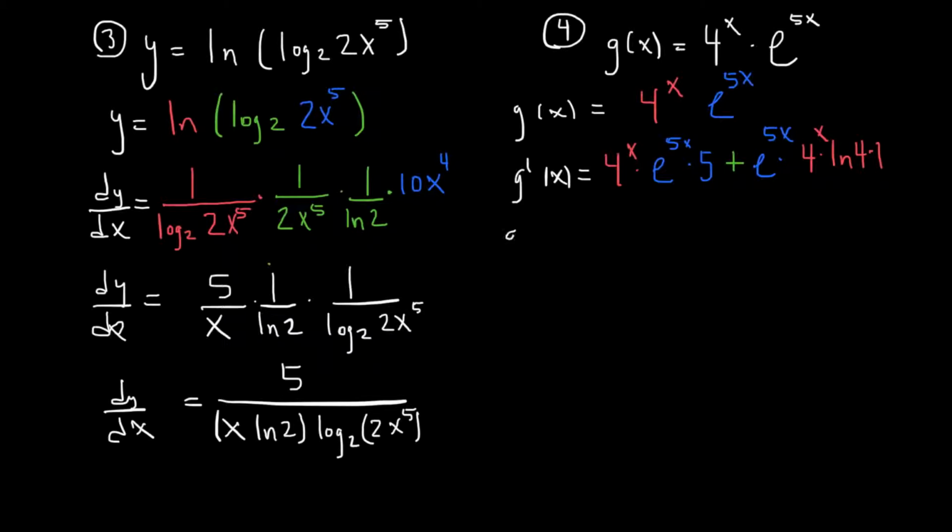So we can just rewrite it and say this is 4 to the x. Oh, that looks like 54.